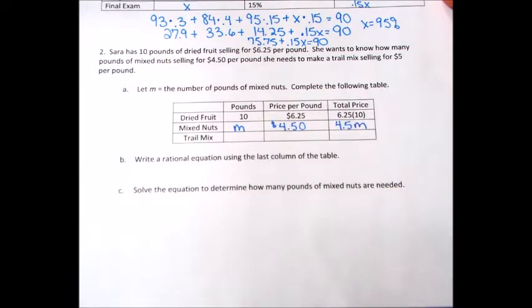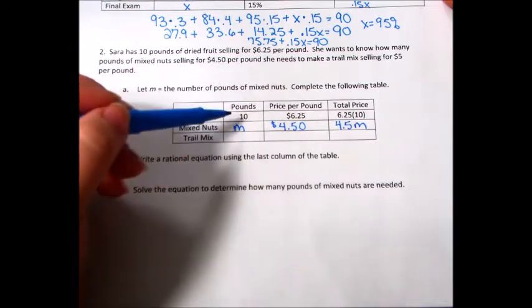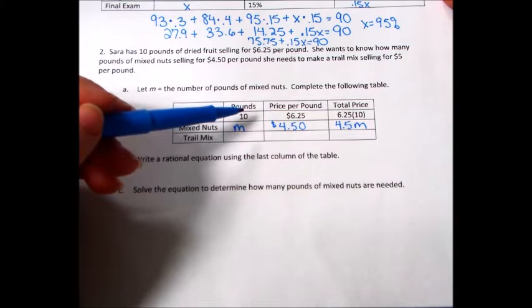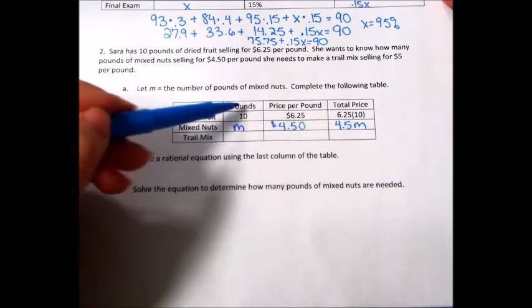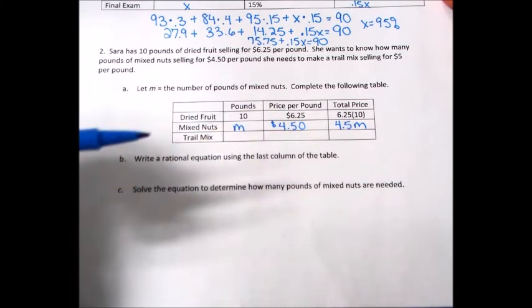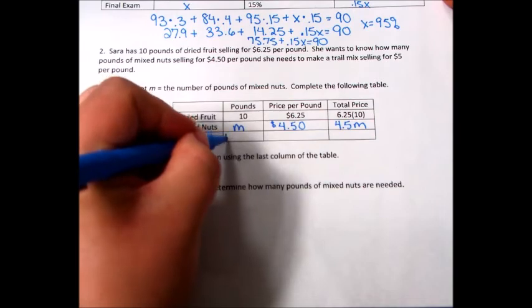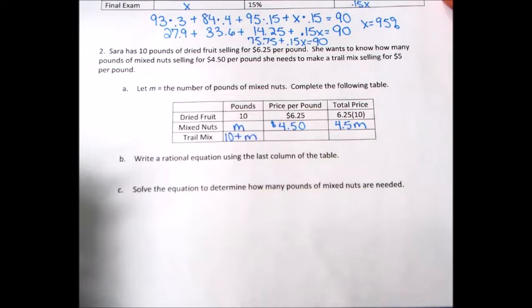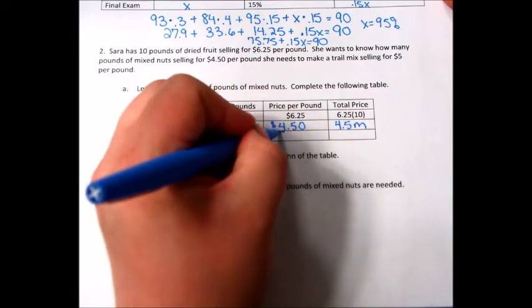Now, just like we had with the weighted averages, because really that is what this is as well. It's a weight being applied to an average. We would take and add 10 pounds plus the amount of pounds in mixed nuts. And she wants to sell it for $5 a pound.